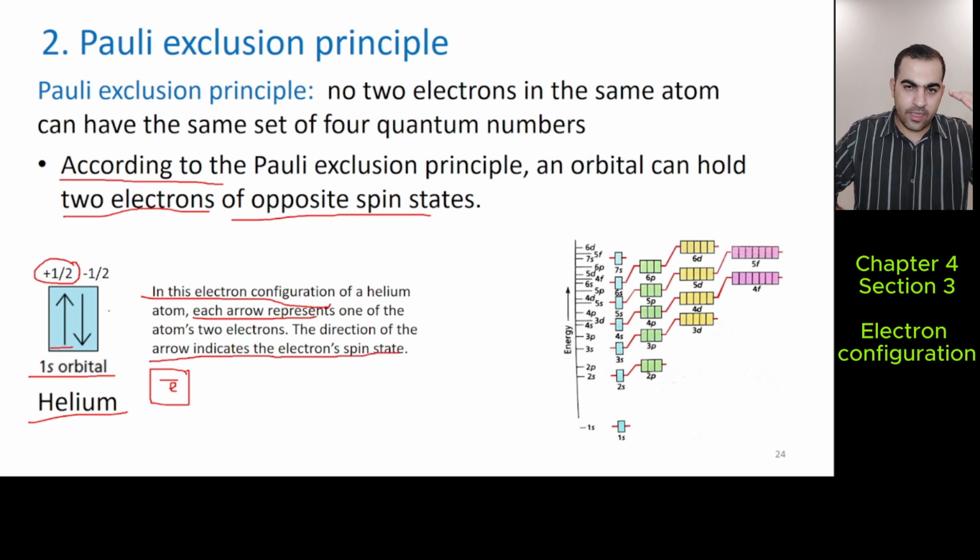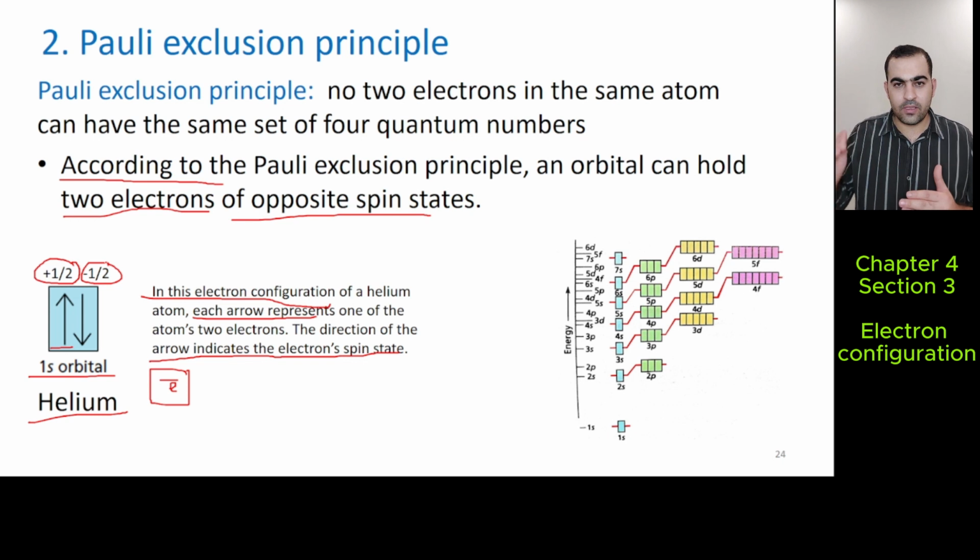So the one that's downward represents what? An anti-clockwise electron, the one that spins anti-clockwise. So according to Pauli, 2 electrons in the same orbital must have different spin states. For hydrogen, there is 1 electron, so it will be in 1s, the lowest energy orbital.